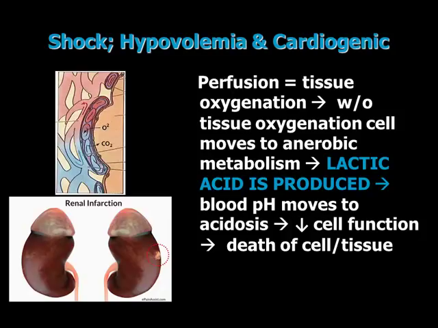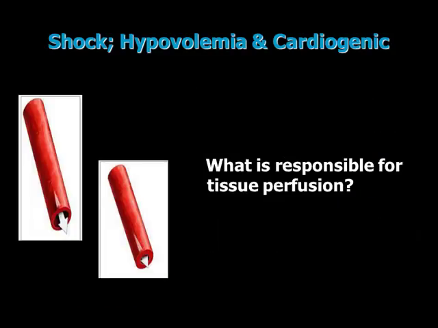And the fact that the cell is not able to produce enough ATP is bad enough, but the fact that the body pH is acidotic also decreases the cell's ability to do its job. And that will ultimately lead to the death of the cell and a lot of cells and ultimately the individual. So what is responsible for tissue perfusion?